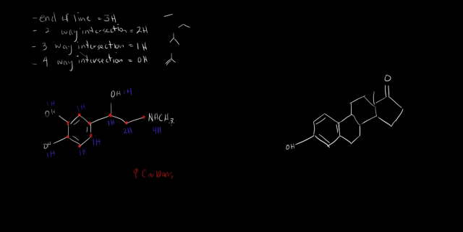Looks like that's it. So let's count them and hope that we're correct. 4, 5, 6, 7, 8, 9, 10, 11, 12, 13 hydrogens. All right, so we've got 13 hydrogens.